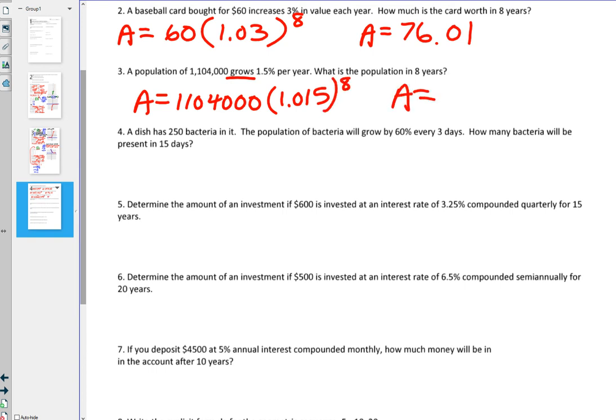So the amount here is going to be 1.015 power 8 times 1,104,000. Rounding down, I'm getting 1,243,647. You got something different? Let me know.